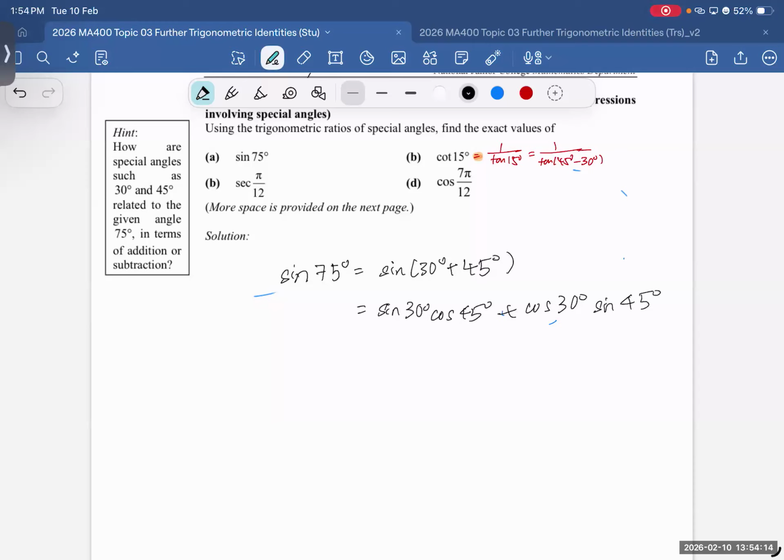Okay, what is sine 30? Javier, what is sine 30? Very good. Isabel, what is cosine 45? Okay, Zoe, what is cosine 30? Chunling, what's cosine 30?